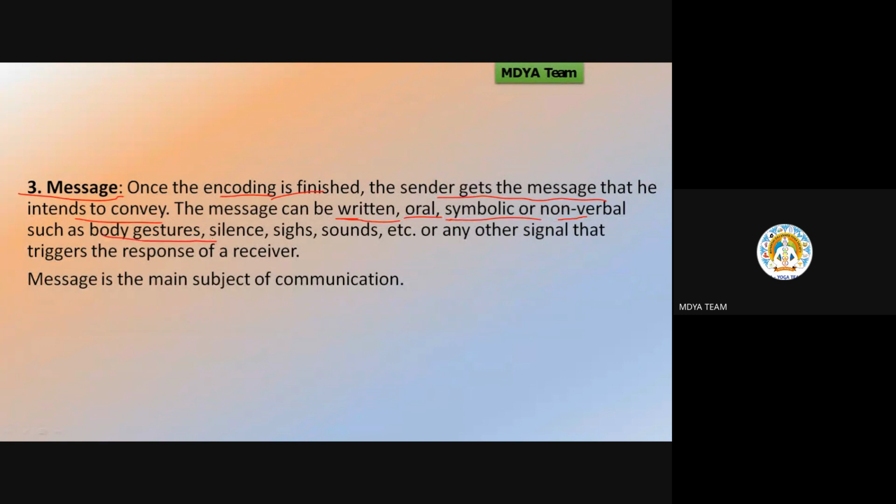You are not saying anything, that is also a form of message. Sound, size, etc., or any other signal that triggers the response of a receiver. So message can be anything to which the receiver is responding. Message is the main subject of the communication.